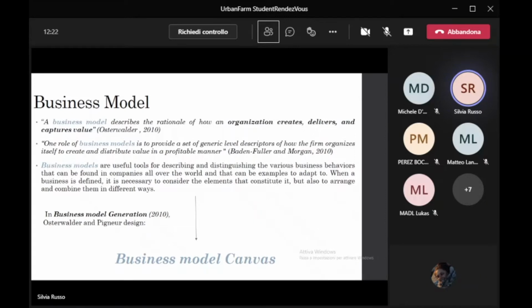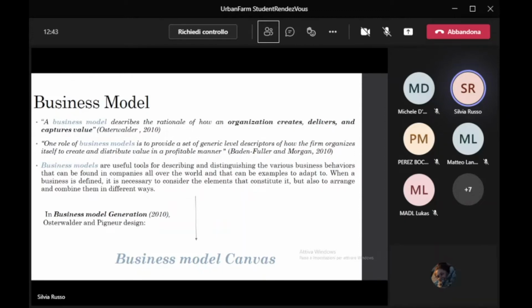In the same year, Baden, Fuller, and Morgan stated that a role of business models is to provide a set of generic level descriptors of how the firm organizes itself to create and distribute value in a profitable manner.